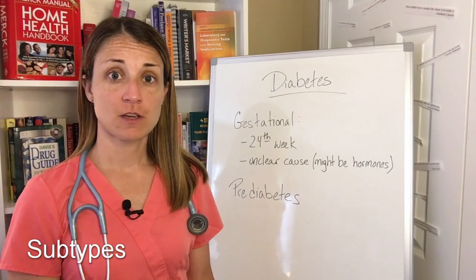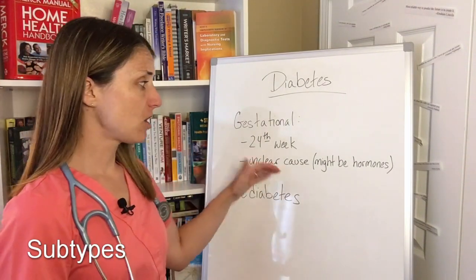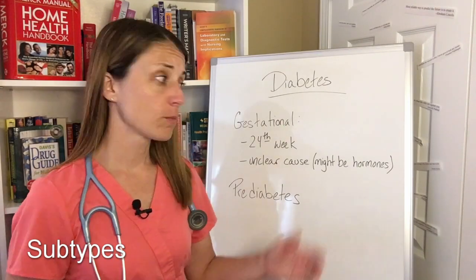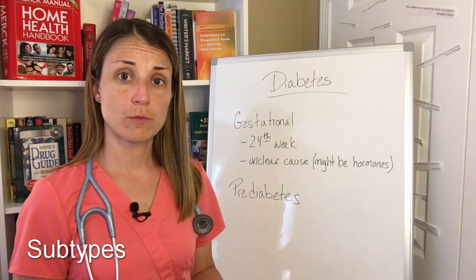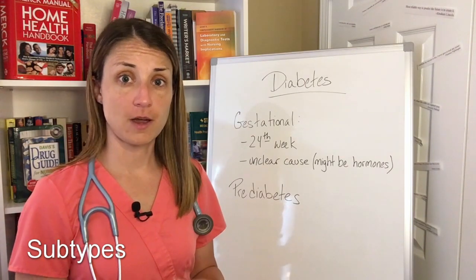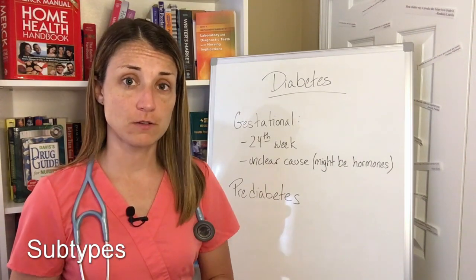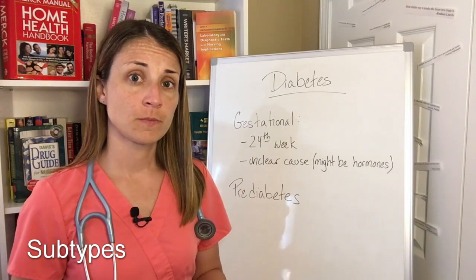Gestational diabetes occurs around the 24th week of pregnancy, and while the exact cause is not known, it's thought to be related to the hormones produced by the placenta. The thought is the hormones actually block the mother's body's ability to get glucose from the bloodstream into her cells. In this regard, it's very similar to type 2 diabetes.